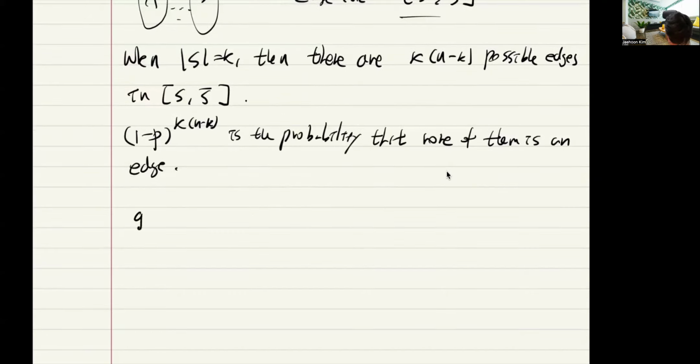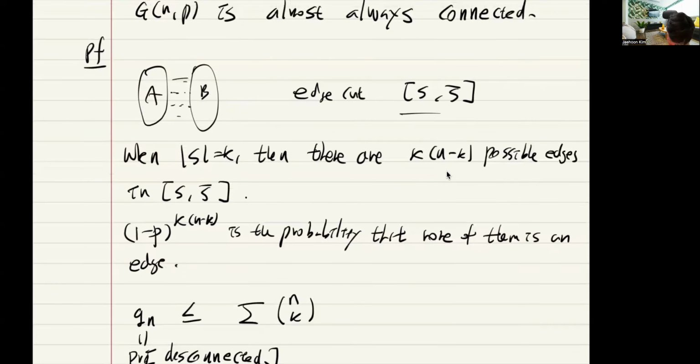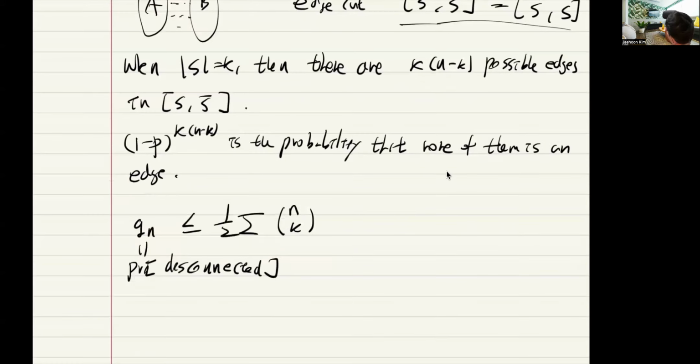So what do you know? The probability of being disconnected, let's write Q_n, the probability of being disconnected, is at most the following. You take n choose k choices of S, and as S and its complement give the same edge cut, you divide by half. And let's say k is from 1 to n minus 1.